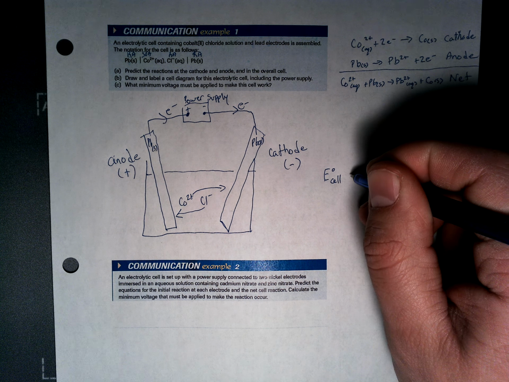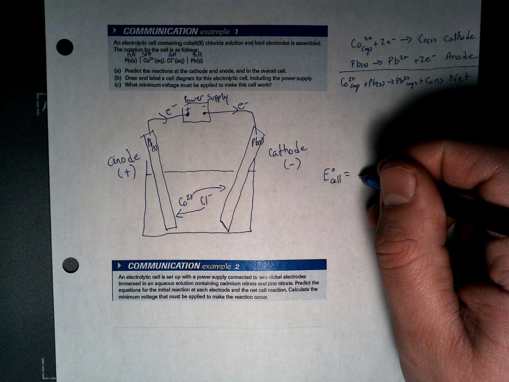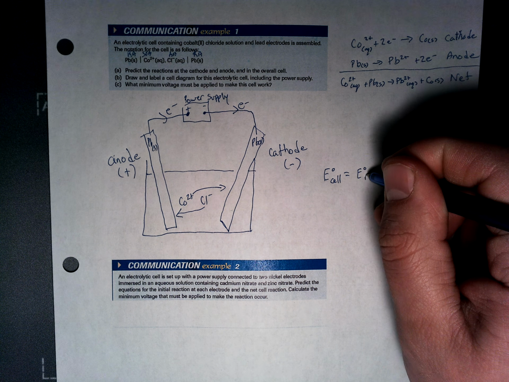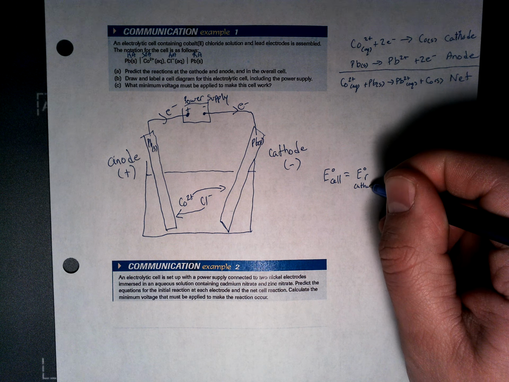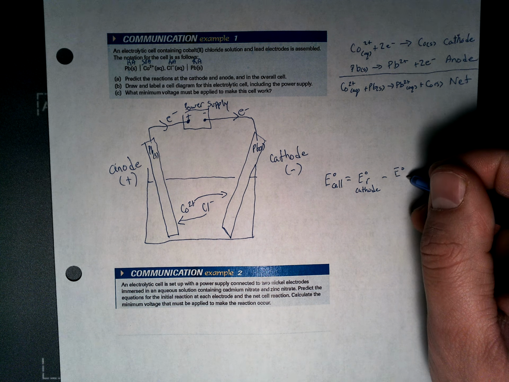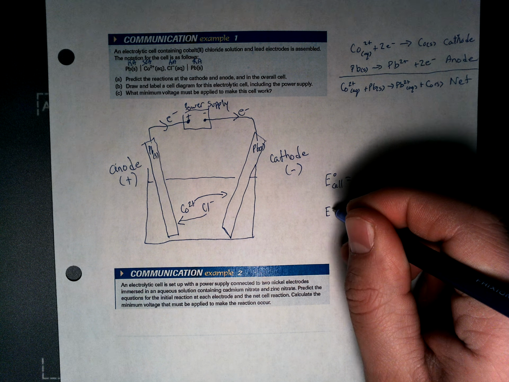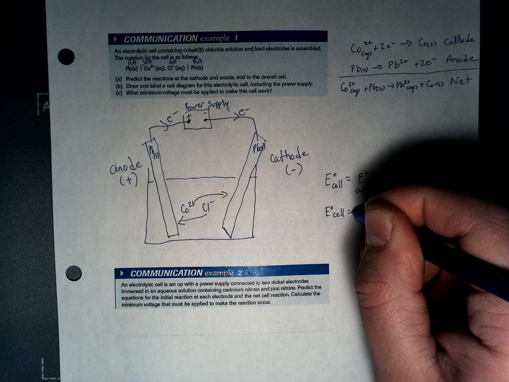our voltage, or electrode potential for a cell, is half cell at the cathode minus half cell at the anode. We get these numbers out of our data booklet.